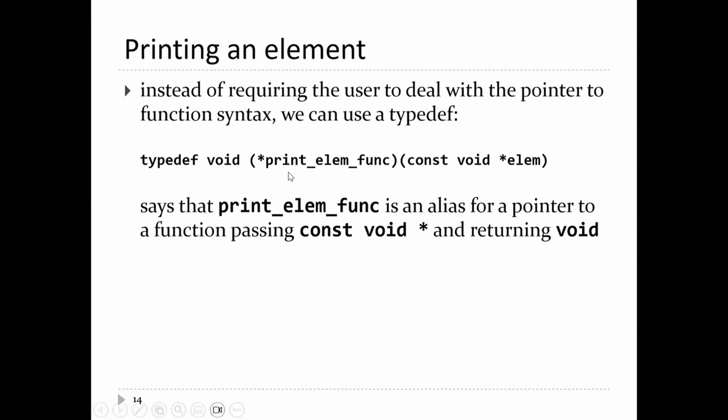Notice that normally in a typedef, the typedef tag goes at the end. But when you have a pointer to a function typedef, the name goes inside the round brackets after the star. So what would normally go there now goes inside the round brackets. So one more time, print elem func, that's the name, that's just an alias for the type pointer to function returning void with const void star here.